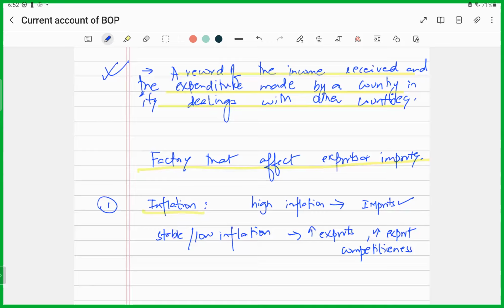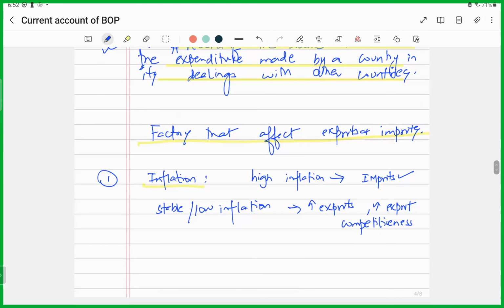And as a result, exports would rise and the country would be earning more by way of its export. And it would be experiencing international competitiveness and it would be able to increase its exports and reduce its imports.